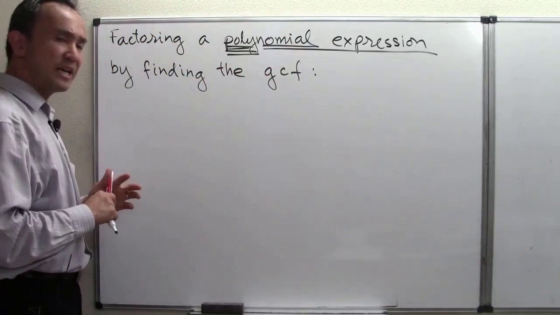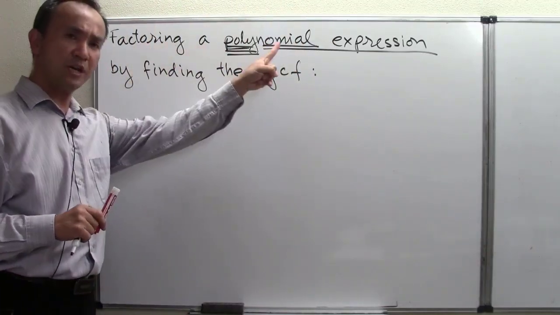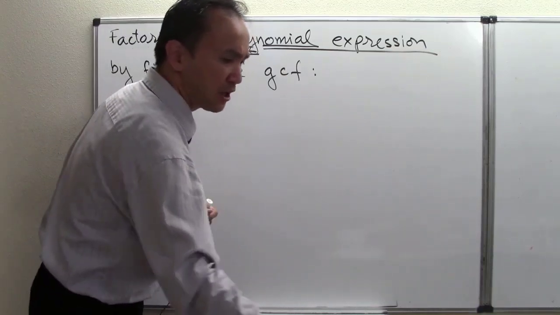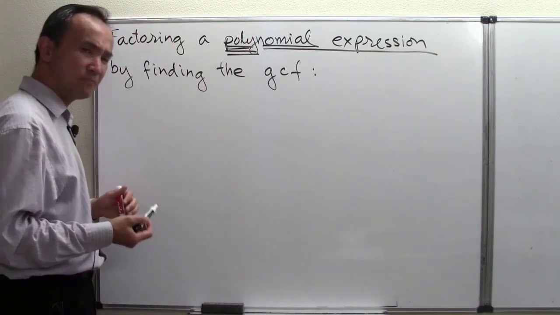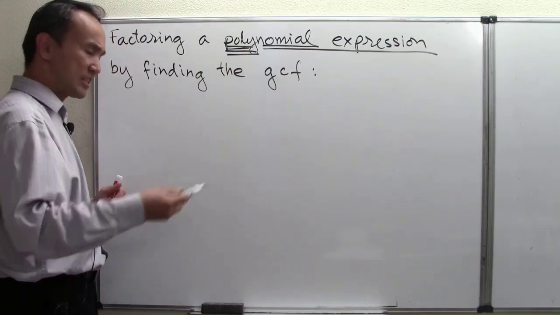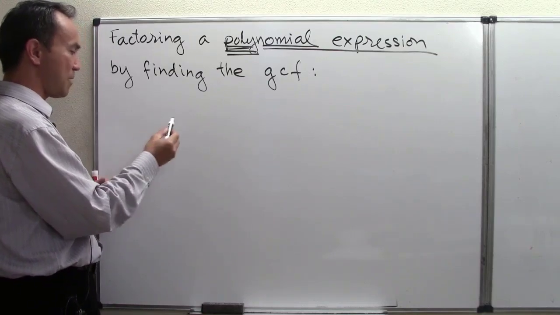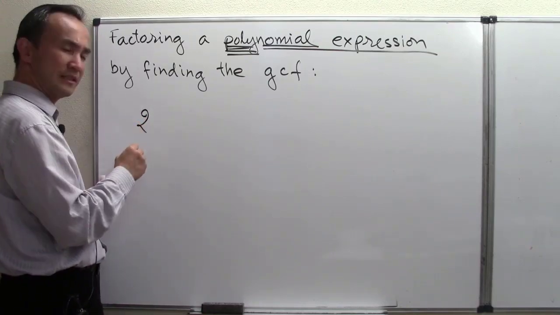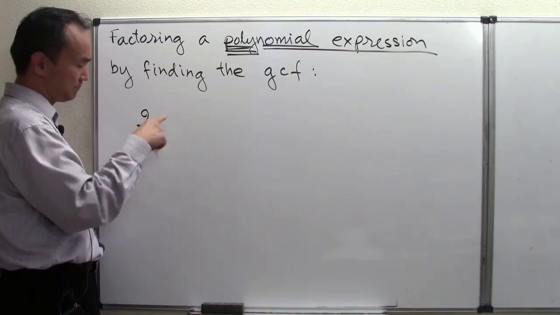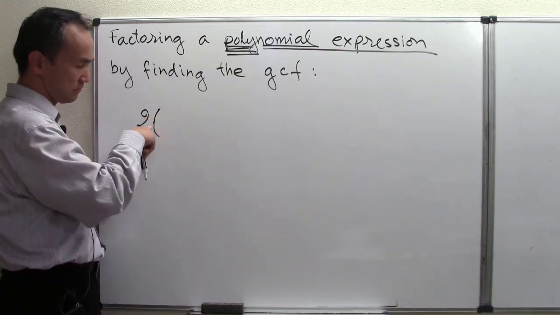And so now we begin the idea of factoring a polynomial expression by finding the GCF. Let me bring back some past understanding. Let's say in your previous courses you have learned this special property right here. When you have a 2 in a product, sometimes I can even skip the multiplication dot sign.